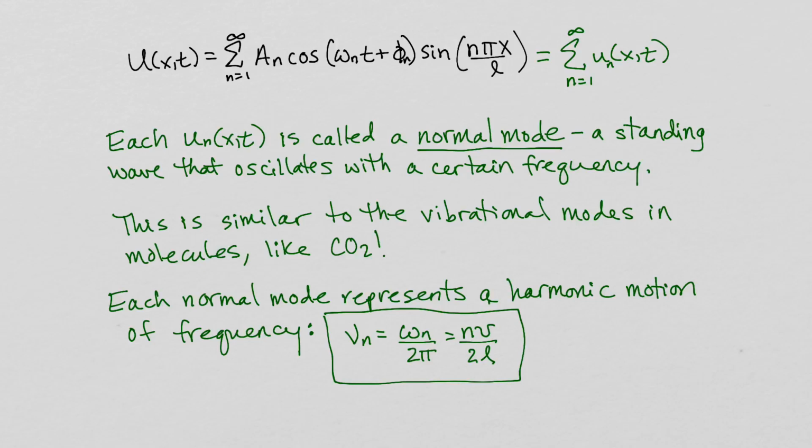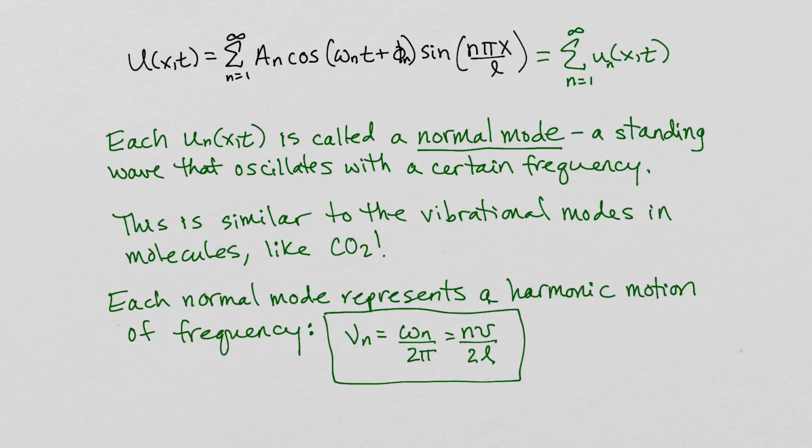Okay, so taking a look at this new form of our general solution, remember that u of x of t that we've now come up with is essentially the same as saying it's the sum of all of our individual modes that are solutions to our equation.